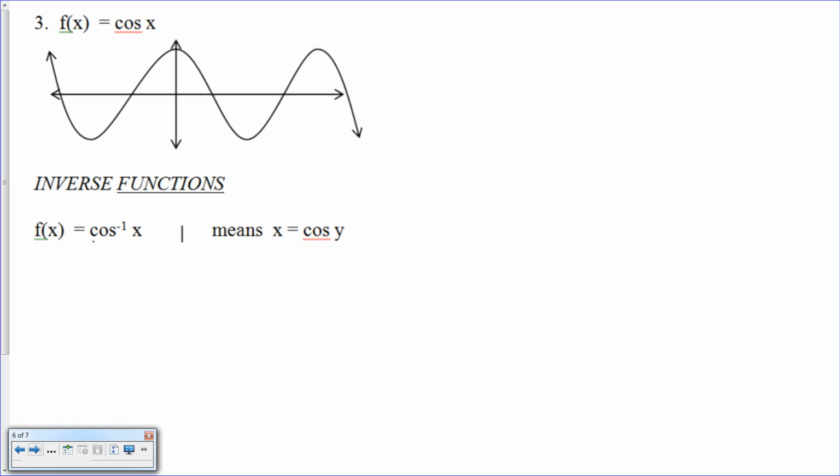So we remember the cosine graph, and the cosine graph has points in it. So I'm just going to label these points. And I want to take those points and actually switch them to make the inverse.